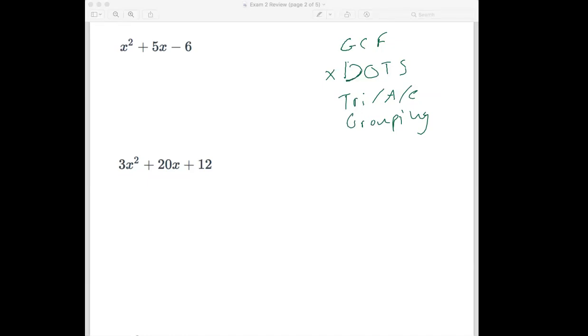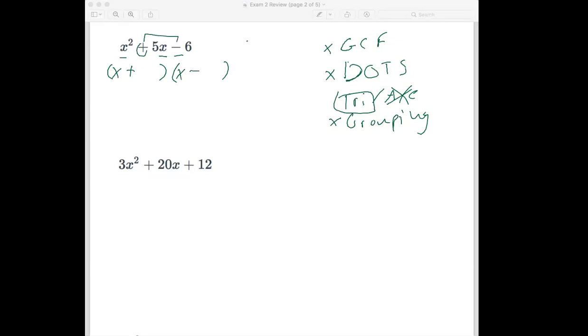Let's check if there's GCF. There's no GCF between x squared. There is a GCF between x squared and x, but not between these three. So it's not GCF. It's not grouping because there's not four terms. It's trinomial, and it's not an AC trinomial because the A value is 1. Trinomial, we just do this. x, x, drop the plus, multiply the plus and the minus to get a minus.